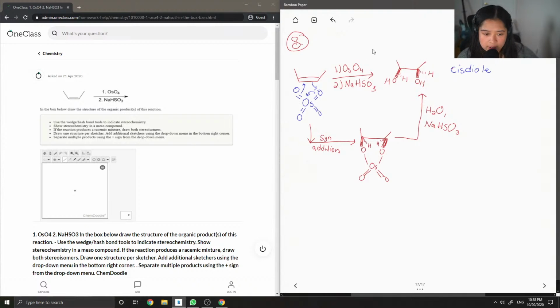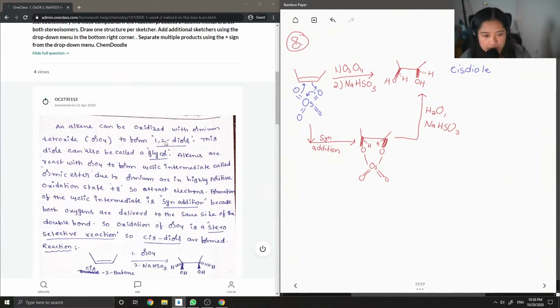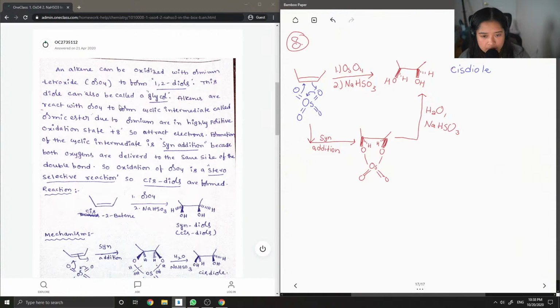So let's look at the answer from our junior tutor. Okay, an alkene can be oxidized with osmium tetroxide to form 1,2-diols. This diol can also be called a glycol. Alkenes react with the osmium tetroxide to form a cyclic intermediate called osmic ester. Due to the osmium being in a highly positive oxidation state, it attracts electrons.